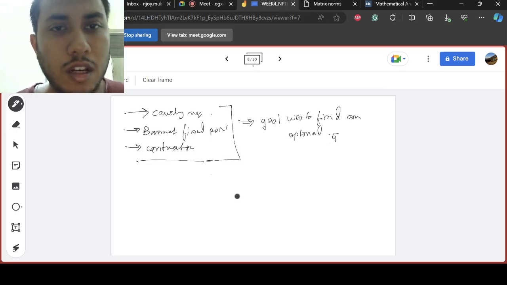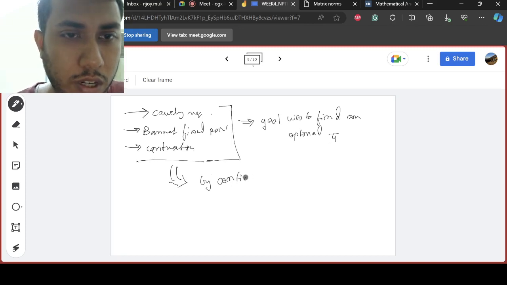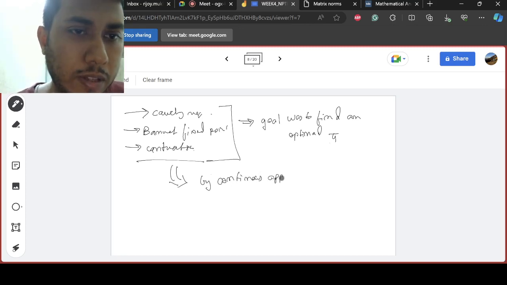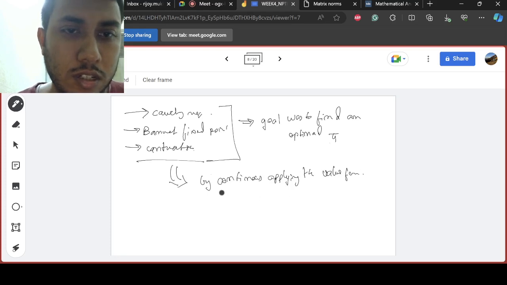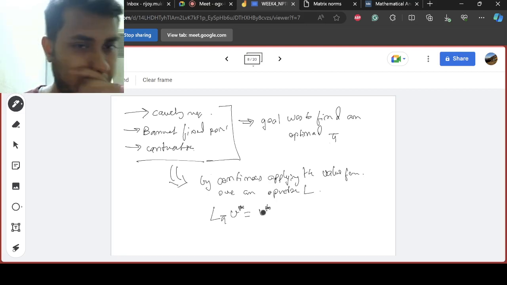So if I give you a gist of what we achieved from this, we achieved that by continuously applying the value function over an operator L such that L pi into V. So this is one equation you will find, right?